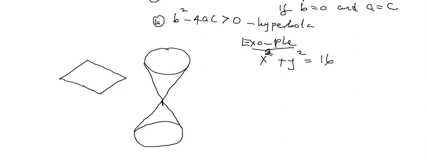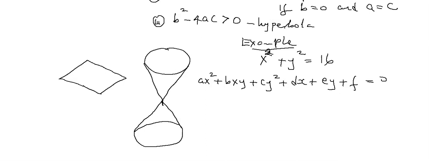If you look at the general quadratic equation, ax squared plus bxy plus cy squared plus dx plus ey plus f is equal to 0, you can see that our equation x squared plus y squared minus 16 is equal to 0, such that the value of b is 0, the value of d is 0, the value of e is 0.